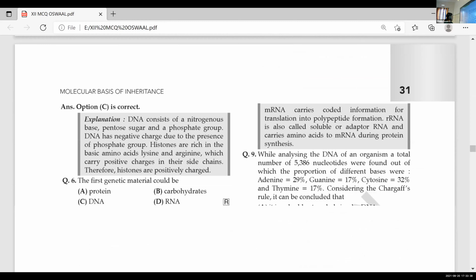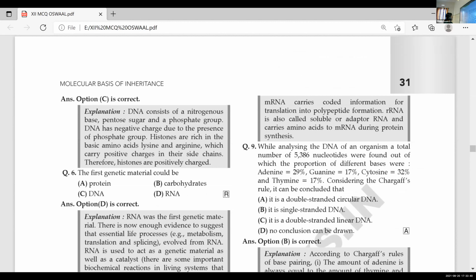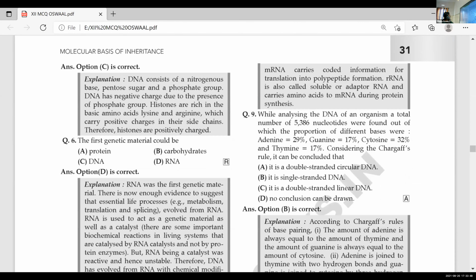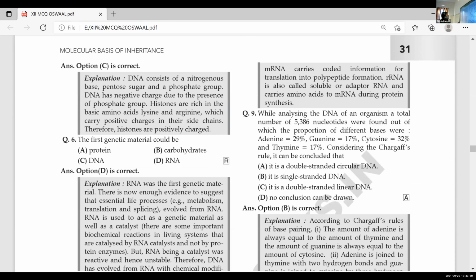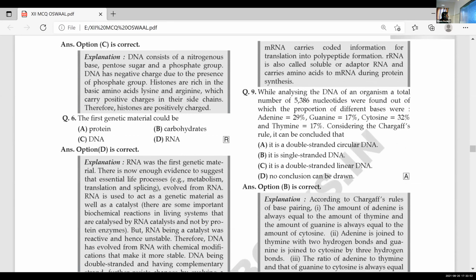RNA was the first genetic material and DNA evolved from RNA. When RNA underwent some chemical modifications to make it more stable, it transformed into DNA.